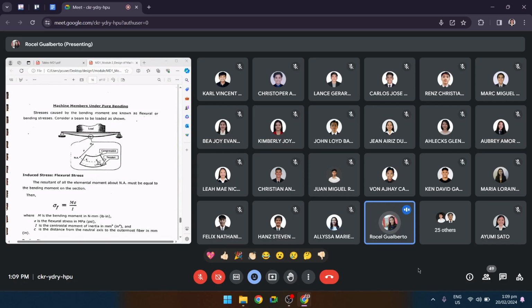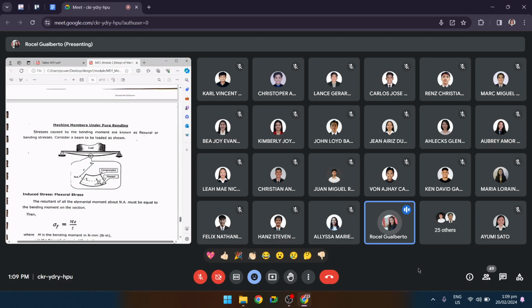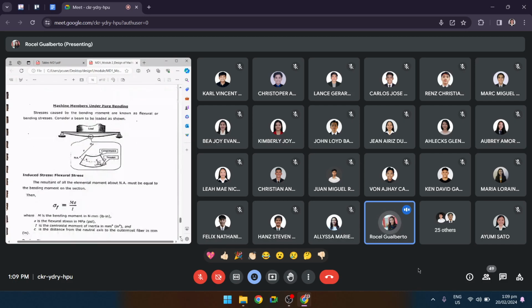Okay, so members under pure bending are basically common on members which are subjected to loads perpendicular to the axis of the member. Yan po yung kalimitan po natin na nakikita. These are common on what we call beams.